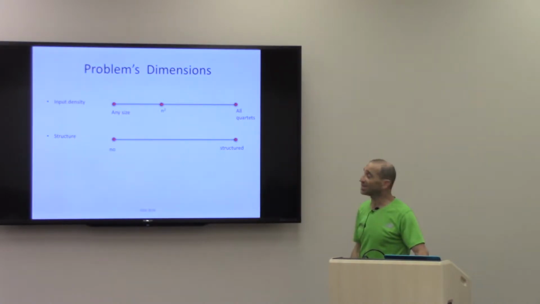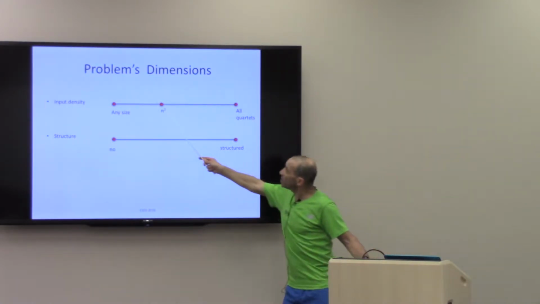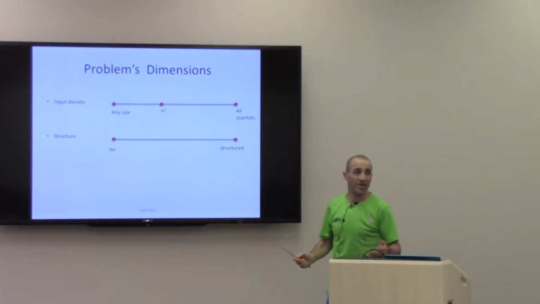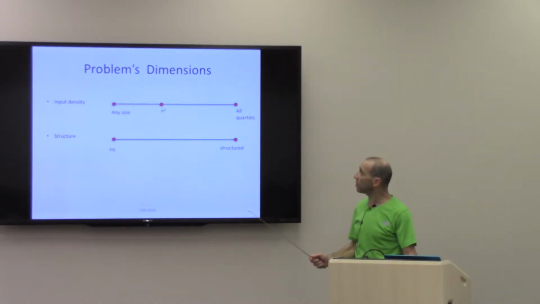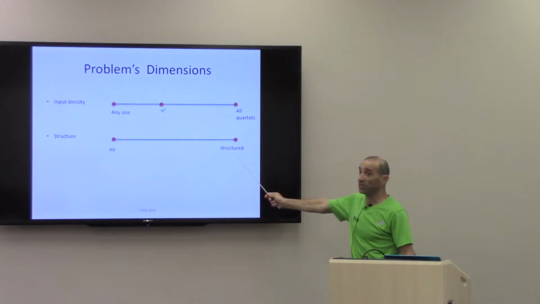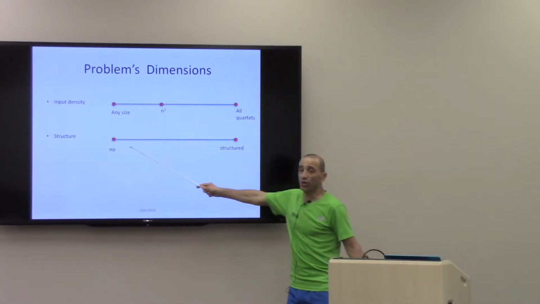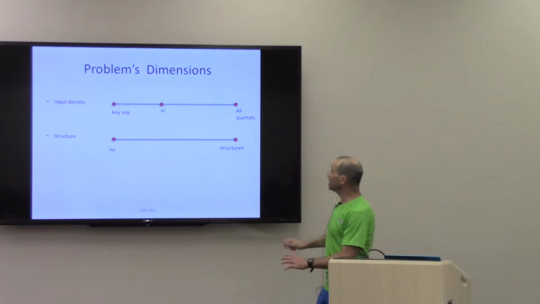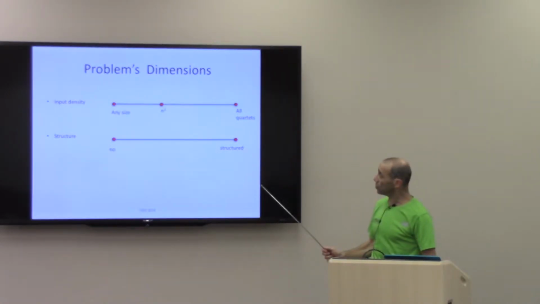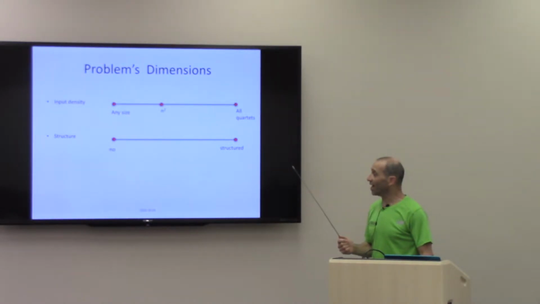What is structure? This is quite standard in combinatorial optimization. We will see soon. So no structure at all, and here very structured input that provides us more information.